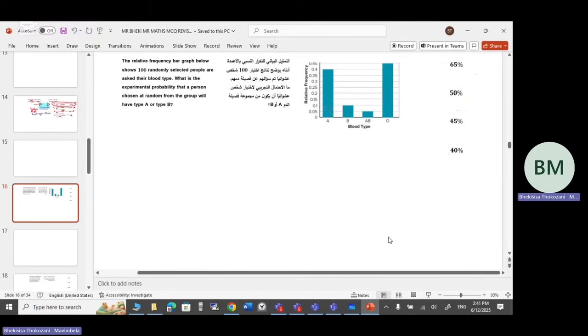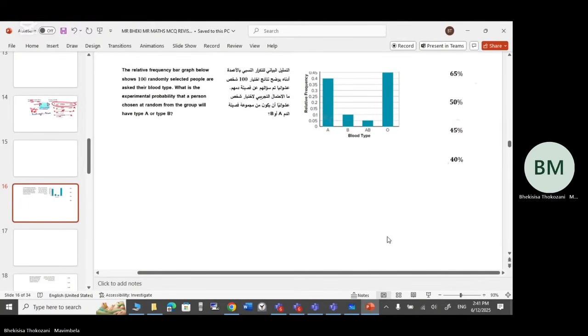Right, this question here, okay, it talks about relative frequency. It says here, a relative frequency bar graph below shows 100 randomly selected people are asked about their blood type.